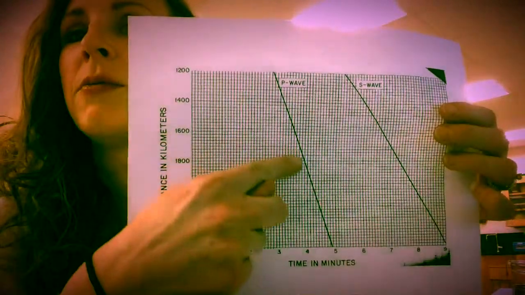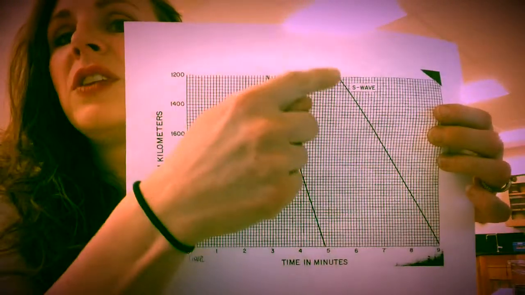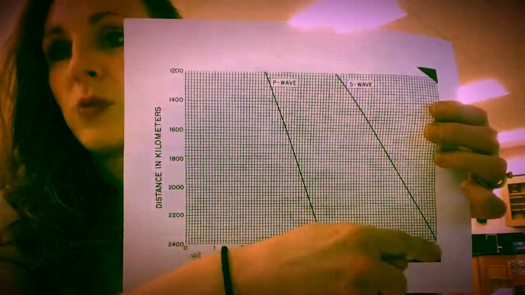So, locating an earthquake. Use the difference in arrival times of P waves and S waves. You need a visual aid for this because it is just too much. So let me grab that. Here it is. So this graph is an awful graph, and it's backwards and upside down. So here you go. You have a line representing P wave. You have a line representing S wave.